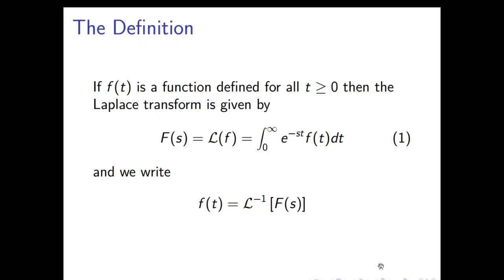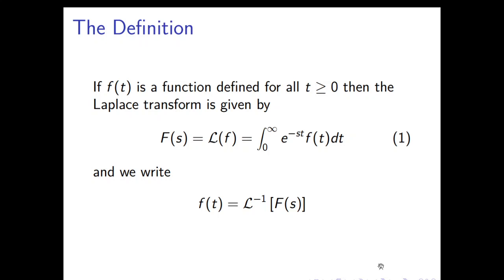If capital F of s is the Laplace transform of f of t, then we write f of t is equal to L inverse of capital F of s. The inverse Laplace transform of capital F of s is f of t. Remember one thing: in Fourier transform we have a clear-cut formula to find the inverse Fourier transform, but in the case of Laplace transform we are not going to use any such simple formula to find the inverse.